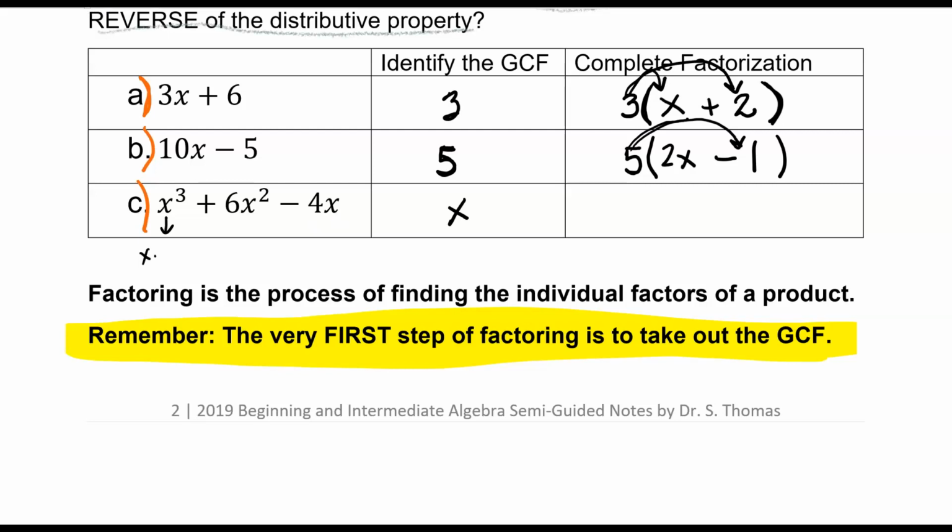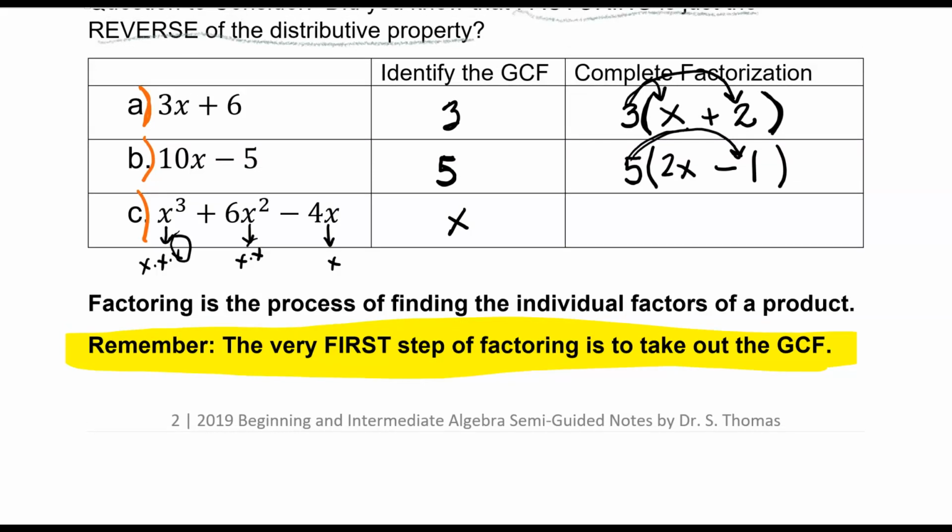If we have an x times x times x, and that is an x times x, and that is an x, what do they have in common? They only really have one x in common. If you look at all 3 at the same time, they don't have 2 in common because the last term doesn't have enough x's to say that we have x squared in common.